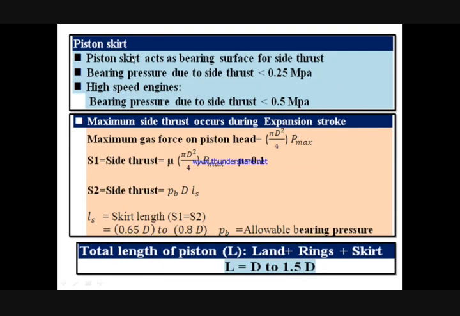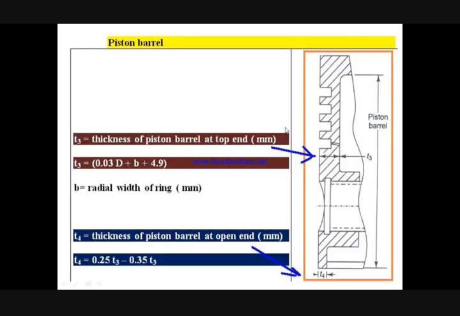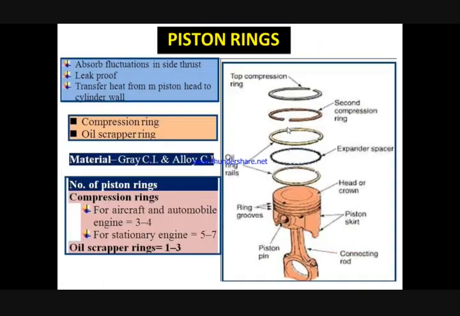So next is the piston skirt. What is the function of the piston skirt? It acts as a bearing surface for side thrust. I already explained that because of the change in the angle of the connecting rod, there is always a force acting in this direction, which is called the side thrust.